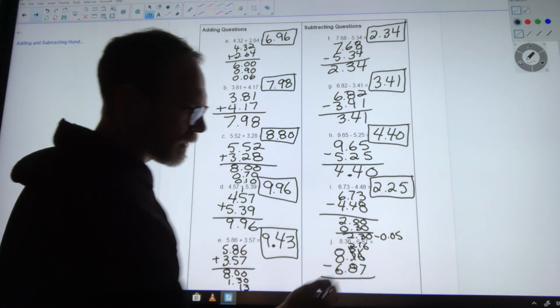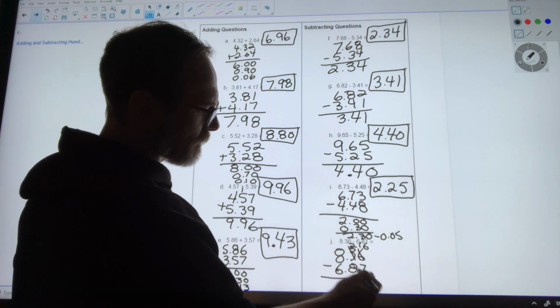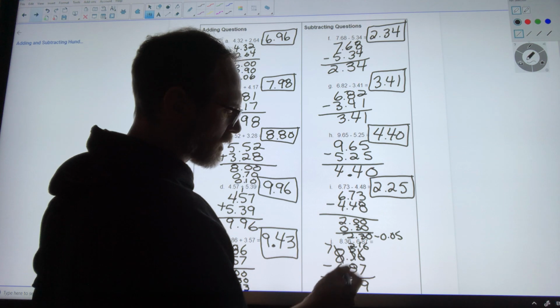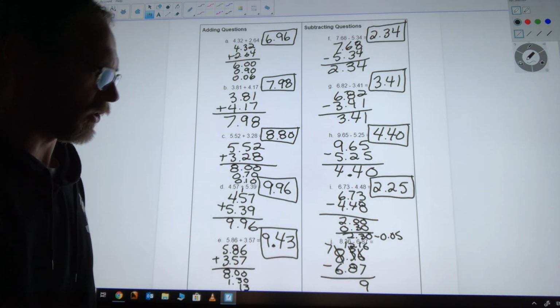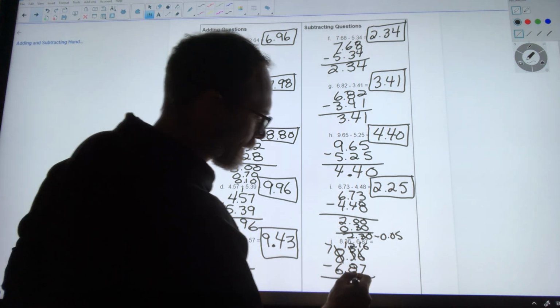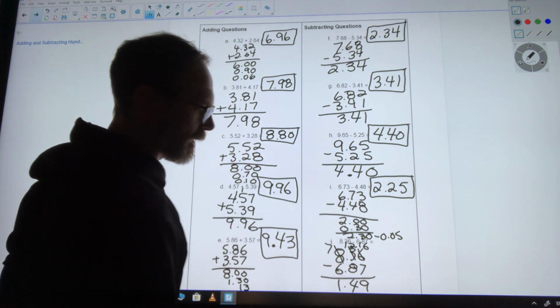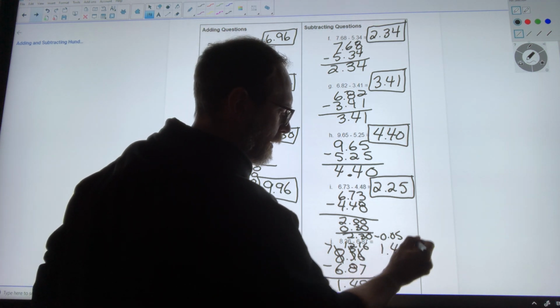Now I have 16 hundredths. 16 minus 7 is 9. Now 2/10 minus 8/10 I can't do in this strategy without borrowing. So the 8 is going to become a 7, and now I'm going to have 12/10. It's 1.2. 12 minus 8 is 4. I'm going to drop my decimal. 7 minus 6 is 1. So my answer is 1.49.